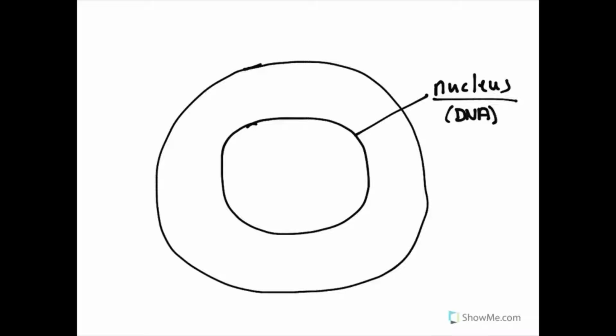DNA is in various forms, but when the DNA is dividing, we know it's in a state called a chromosome. Now, what happens with your chromosomes is that you are a cell that has two copies of each chromosome in your body. Your somatic cells have two copies.